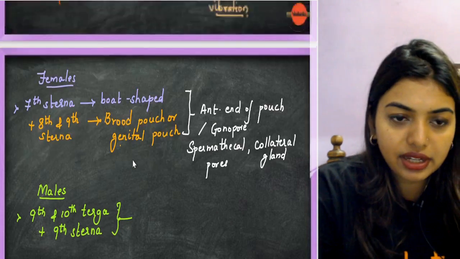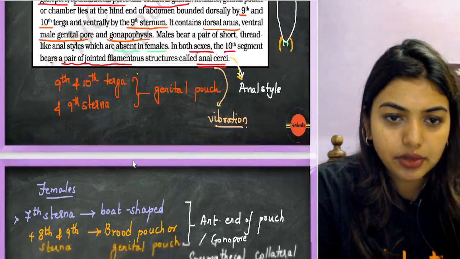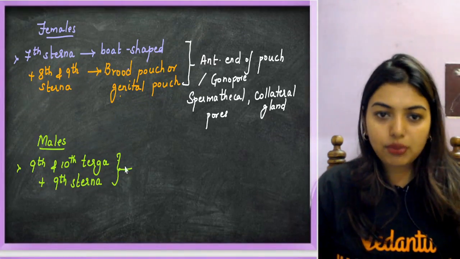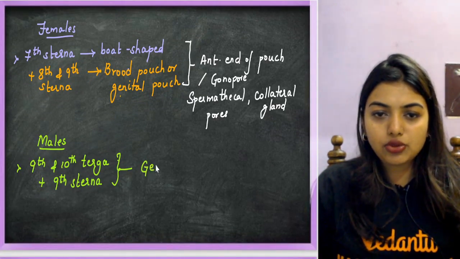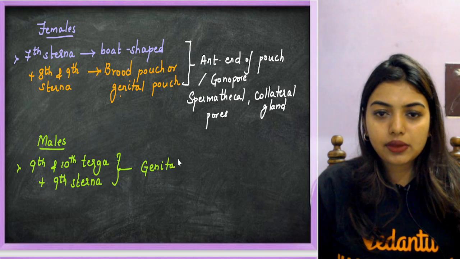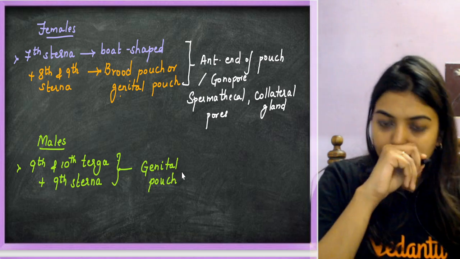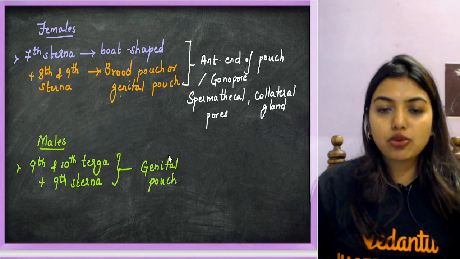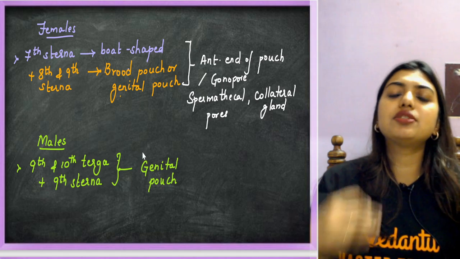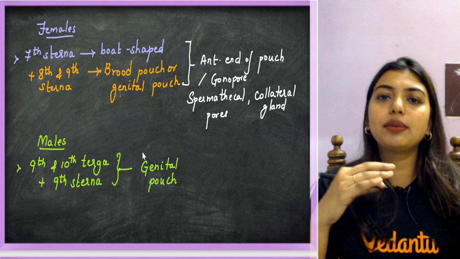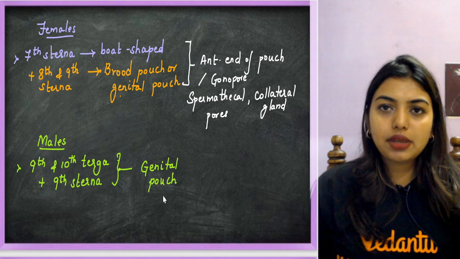I'm just verifying it once again. Yes, perfect. Because sometimes when we write we might miss things here and there, so I don't want that to happen. At the anterior end of this we have the anus, the gonopore, the hypophysis and all of that. Again, we are not going to be bothered about this.